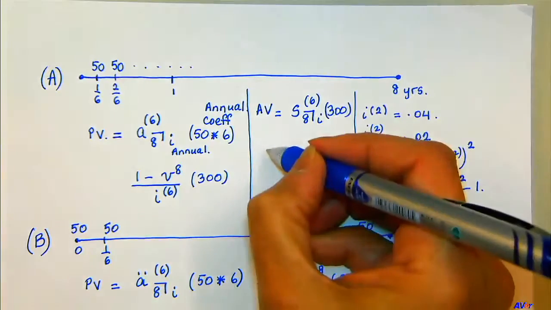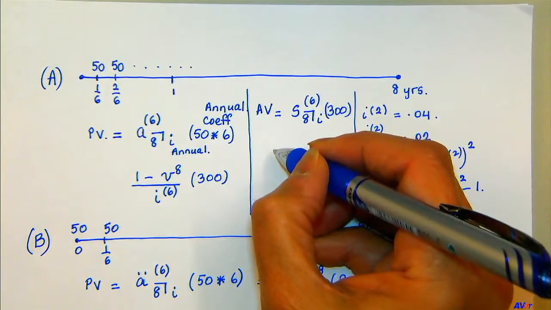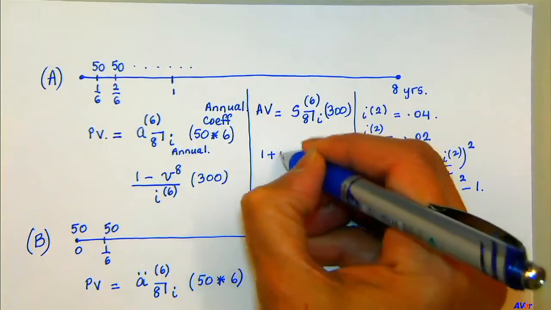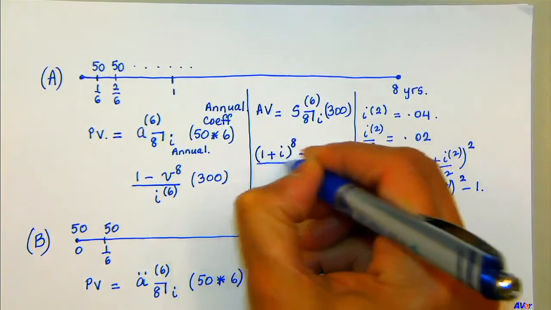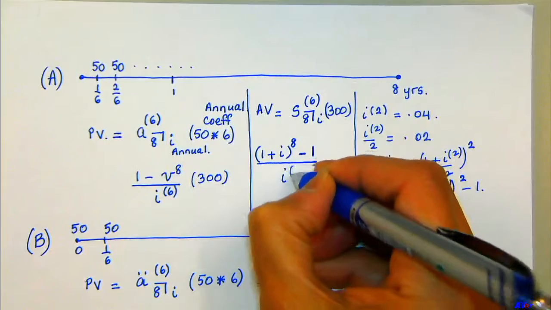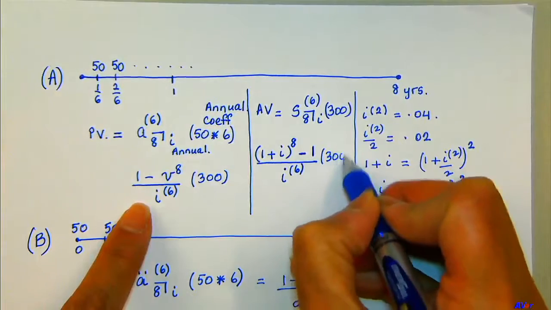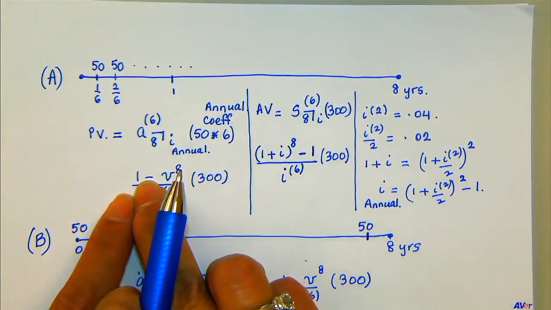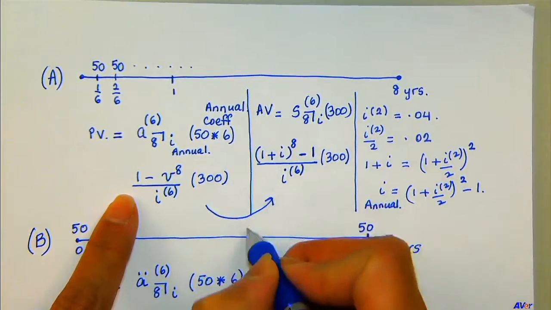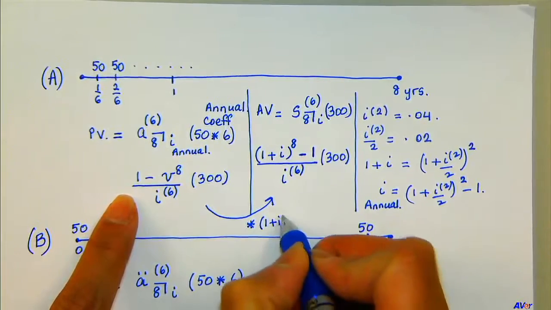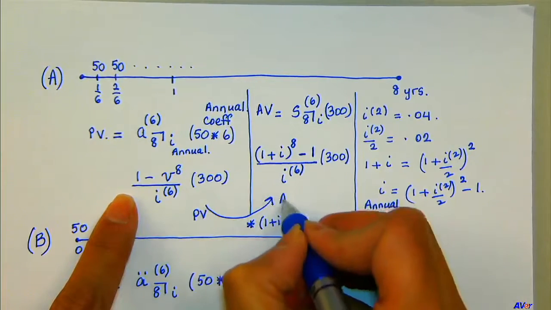So what do you think that formula should be? 1 plus i to the 8 minus 1 over i(6). Meaning, I have taken the present value and multiplied by 1 plus i to the 8th power to get from present value to accumulated value.